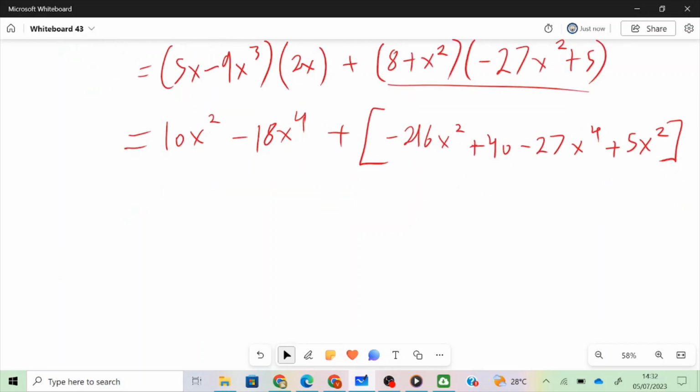We're going to have minus 18x to the power 4 minus 27x to the power 4, that's minus 45x to the power 4. 10x squared minus 216x squared, that's minus 201x squared.